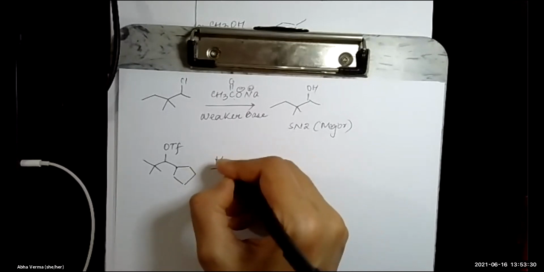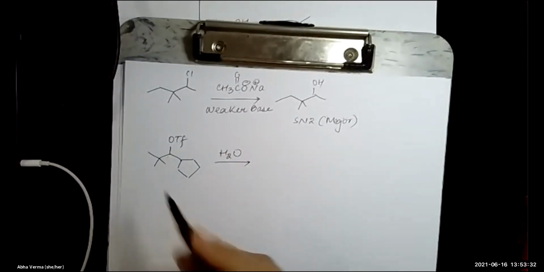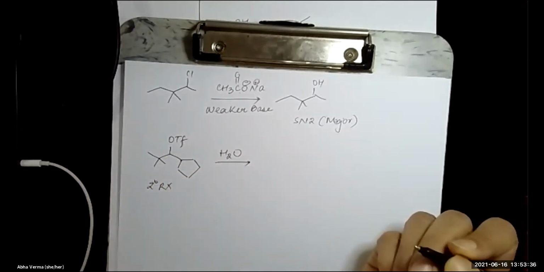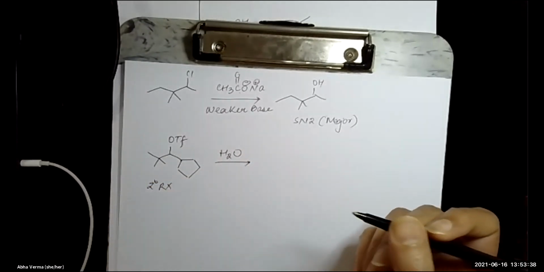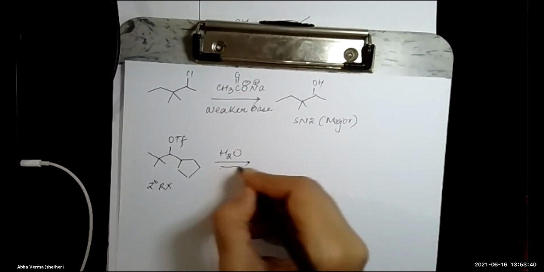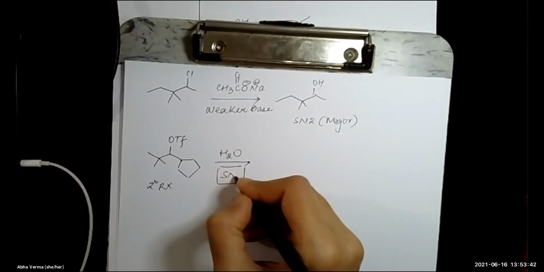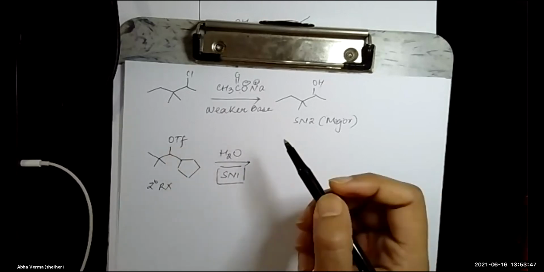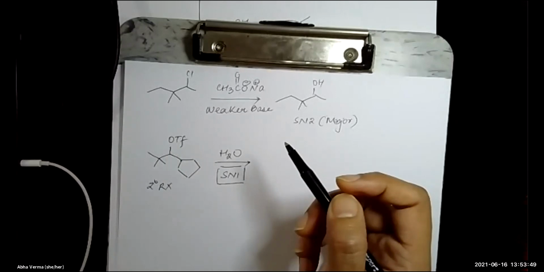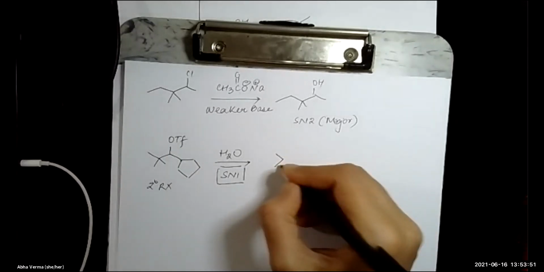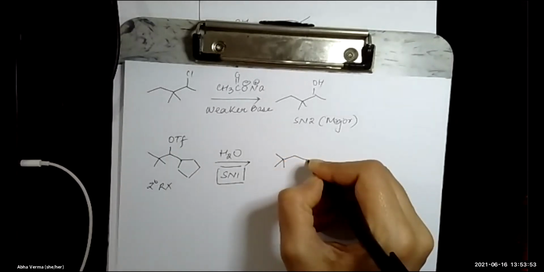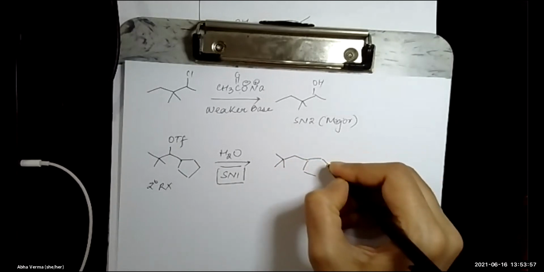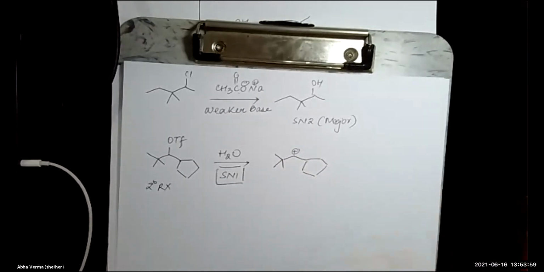So if I have a system like this, a secondary substrate with a weak reagent, there was no heat. So I know I'm going to have SN1. OTf is a great leaving group, and so the leaving group leaves on its own.